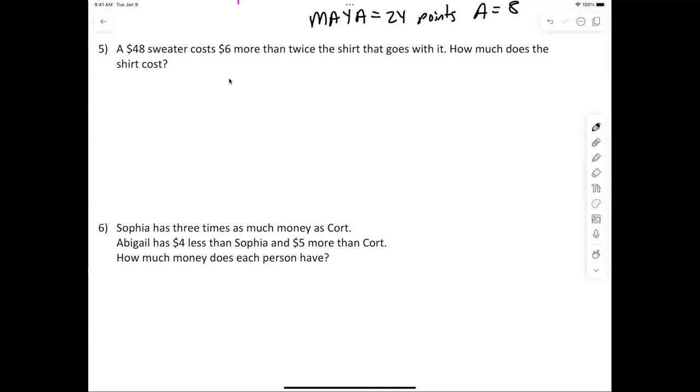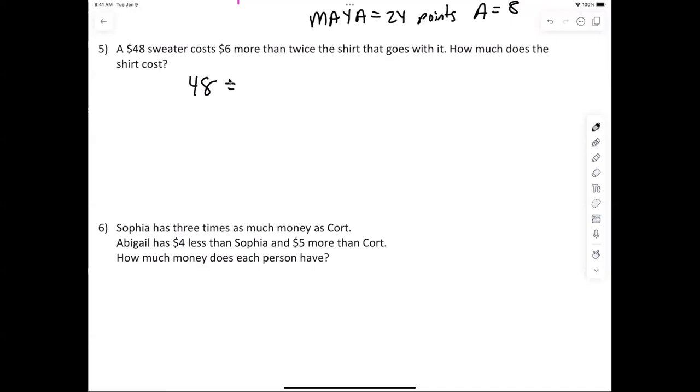Number 5. It says a $48 sweater costs 6 more than twice the shirt that goes with it. How much does the shirt cost? Okay. So again, do we know how much the sweater cost? $48. So this one is much easier. $48 equals, how do I write 6 more than twice the number?